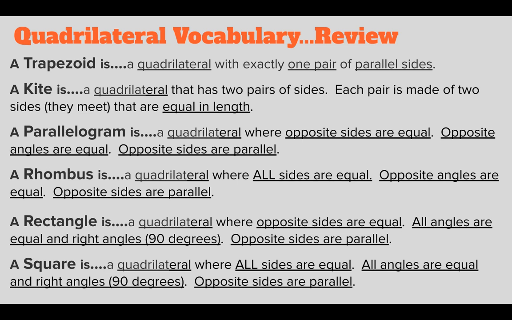It is important when you see a shape that you look at each of these definitions and see if that shape has it. If it doesn't have what it's saying in the definition, then you can cross that one shape off. So please make sure you write these down, keep them nearby, and refer to them often in this unit.